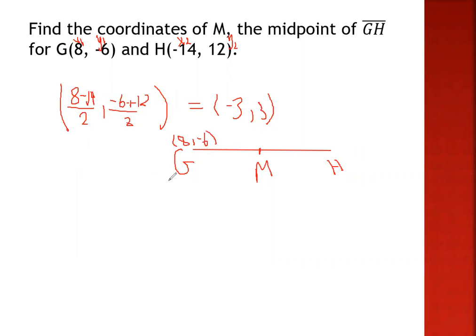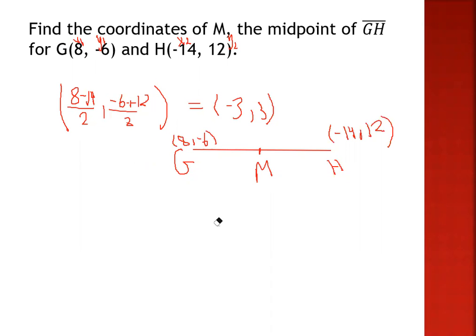And the last one was -14 and 12. Okay, then we said that we are going to use the formula, x1 plus x2, 8 plus -14 over 2, and y1 plus y2 over 2. Okay, this is how you are going to find the midpoint.